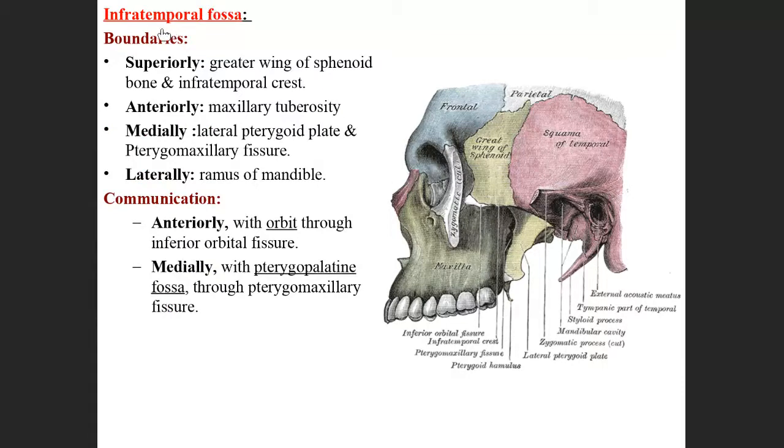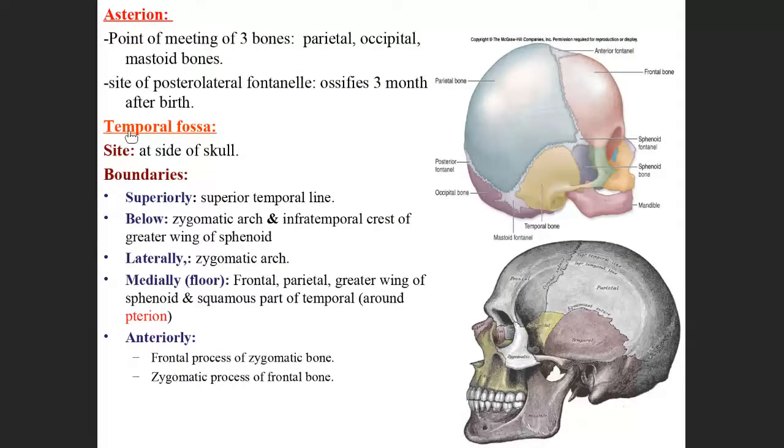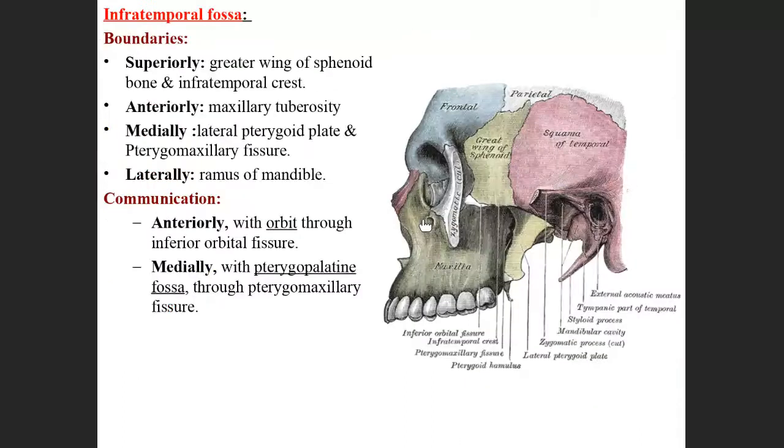Then what is the infratemporal fossa? What we studied first, that is the temporal fossa. Infra means the fossa below this part, this area. In the previous slide we studied the temporal fossa.